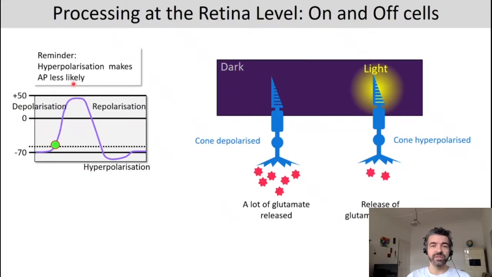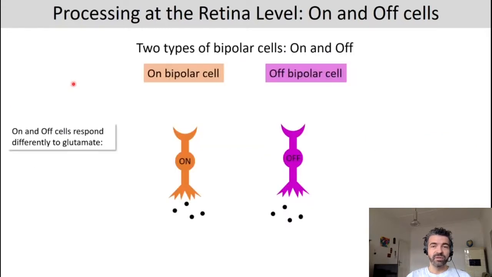So at first this seems a little bit counterintuitive, because if you present more to the cone, it fires less, but it will become clear in a second how this is important for the visual system and computations on the retina to work.